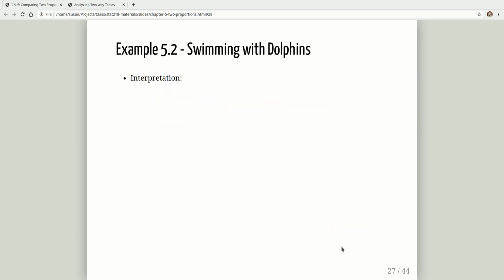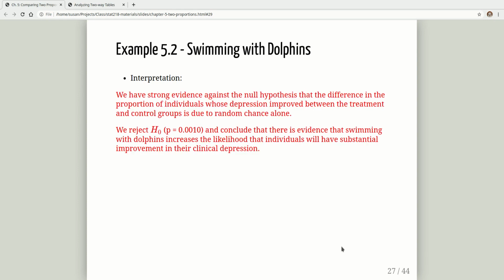Now, to interpret this, we have strong evidence against the null hypothesis that the difference in the proportion of individuals whose depression improved between the treatment and control groups is due to random chance alone. So that whole sentence is essentially the same thing that you would have said back in Chapter 3, except that now we're interpreting this as the difference in the proportions. Okay, so we're subbing in words to describe our statistic.